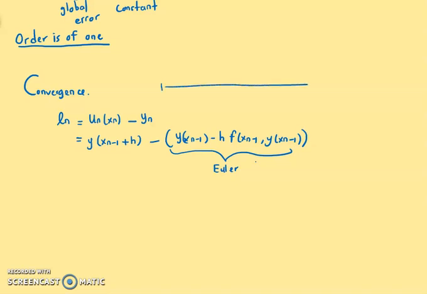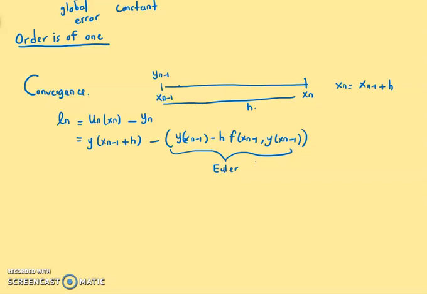So consider this interval: this is x n minus 1, y at n minus 1, and this is my x n. To reach x n, x n equals x n minus 1 plus h. So this is the idea.